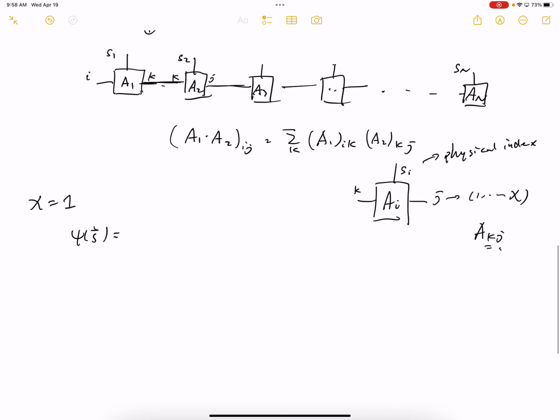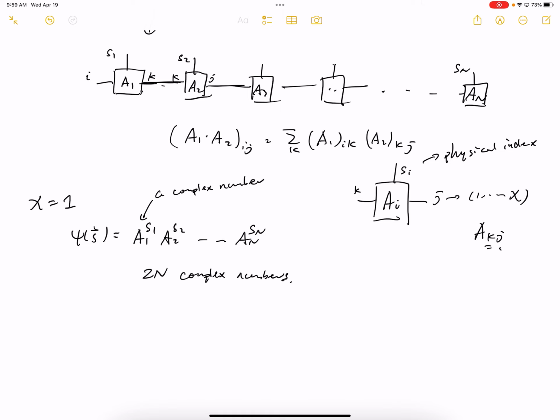So in this case, psi is just given by A1(s1), A2(s2), all the way to An(sn). So each of these is basically just a complex number. In this case, you basically just get 2n complex numbers. Okay, so that is your many-body wave function.